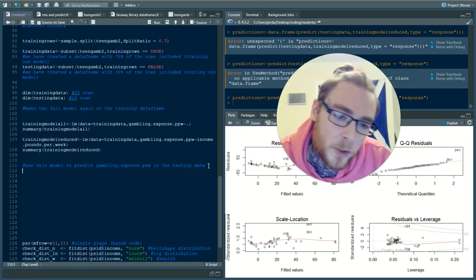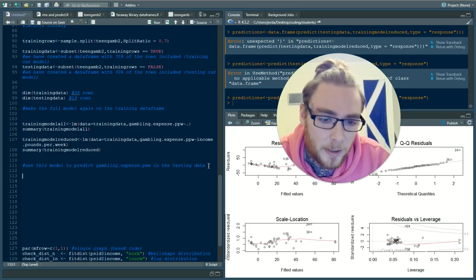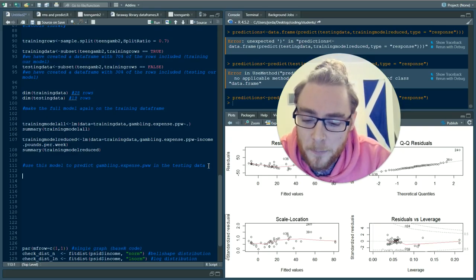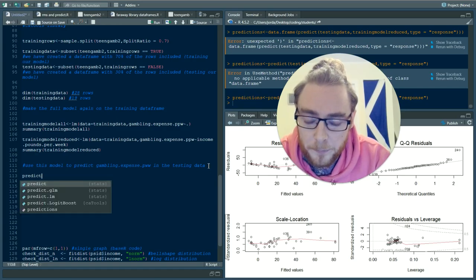And that's where the predict function comes in. And this is when it gets really interesting. So let's start with the code for it.